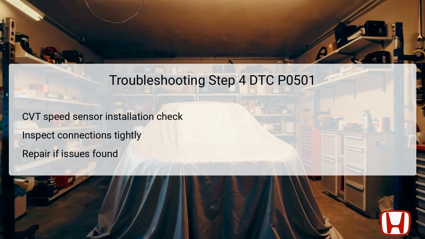This part could be the root cause of the issue, given that it directly correlates with the DTC in question. Conversely, if problems within the connections or installation are noted, repairs must be undertaken immediately to ensure proper functioning. This step is critical in making sure that all components are correctly engaged and relaying the necessary information for optimal vehicle performance.